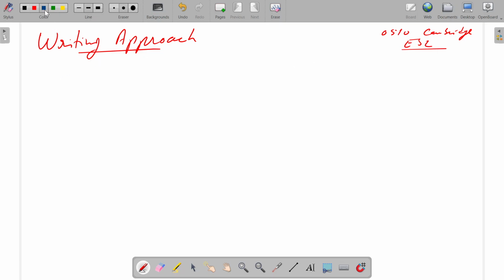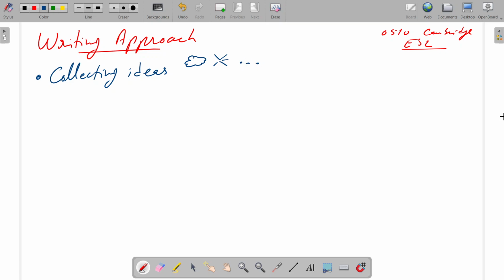So the first step in writing anything is collecting ideas. Now, if you've done this earlier in your school, or if you're still doing it at school, you may make a cloud or like a web or bullet points or however you prefer, right?